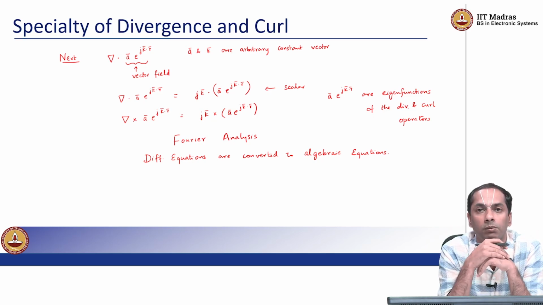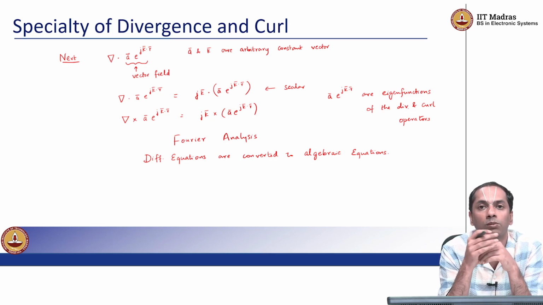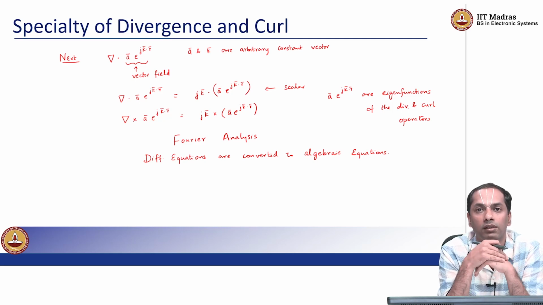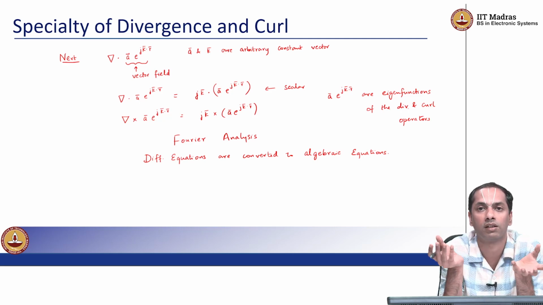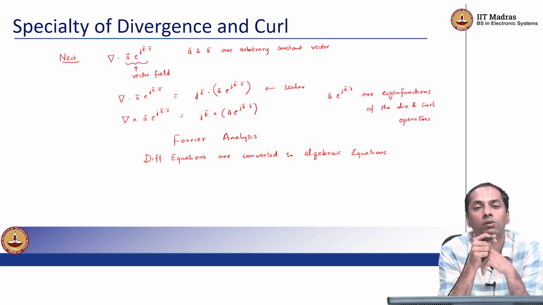So if you remember back in the signals and systems, you can take any signal in time domain and decompose it into individual Fourier coefficients, right, which indicate how much of every frequency is contained within the signal. Similarly, I can take an arbitrary vector field in R and decompose it into these vector fields of the form a e to the jk dot r, right.